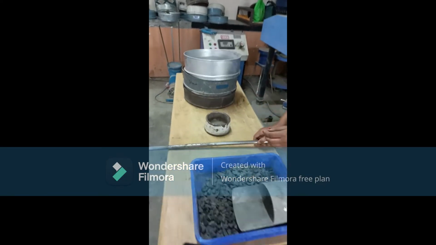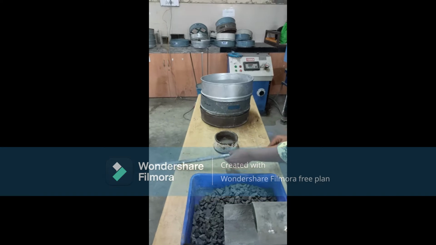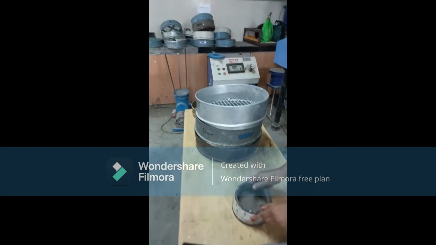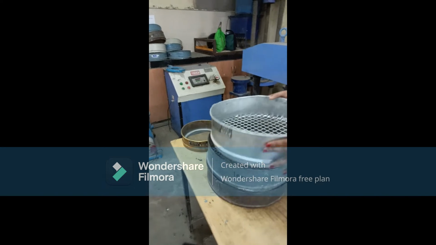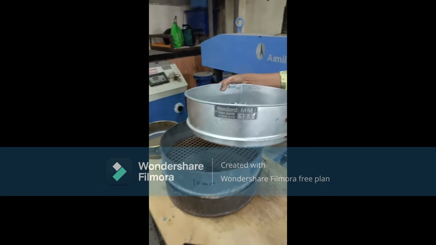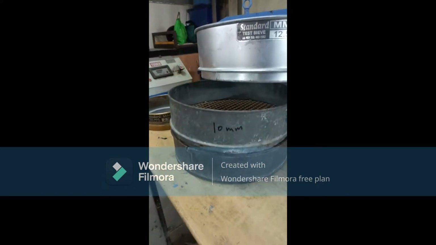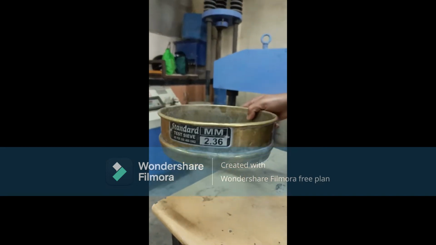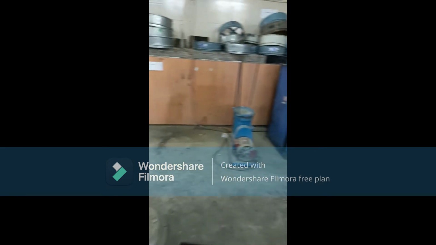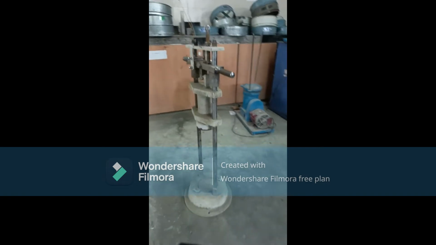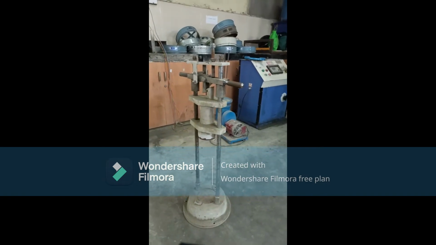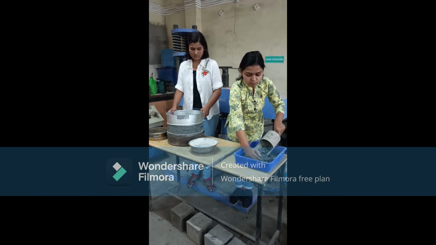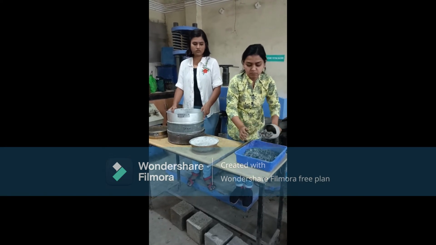The materials and apparatus are aggregate, a tamping rod with one end rounded, a cup, a 12.5 mm sieve, a 10 mm sieve, and a pan. We also have a 2.36 mm sieve, an impact testing machine, and a cylindrical metal measure with internal diameter 75 mm and depth 50 mm.